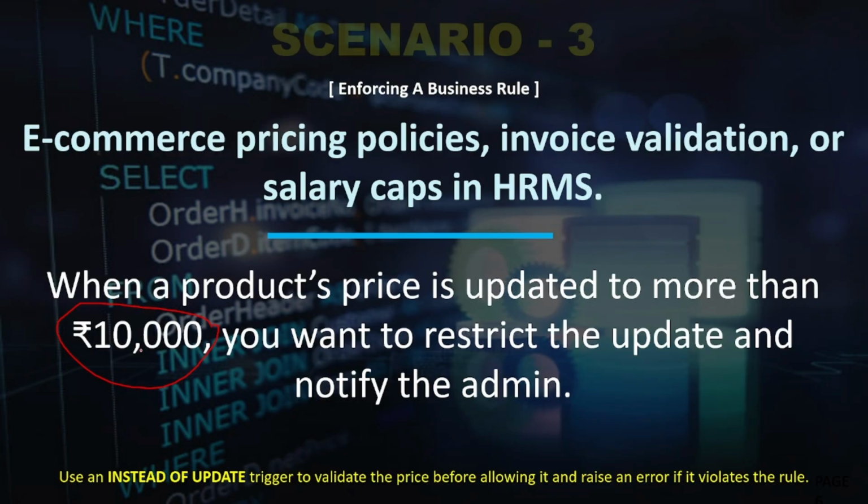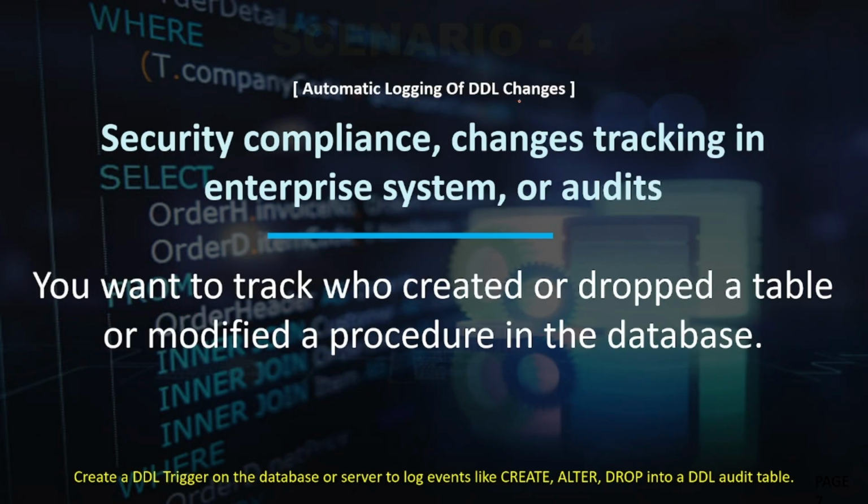So you can write an instead of trigger. What will happen if somebody tries to update the value and it is more than or equal to $10,000, then it will notify, insert some details into some other table, or perform some other activities. This way you can enforce the business rule in the system. Make sense?